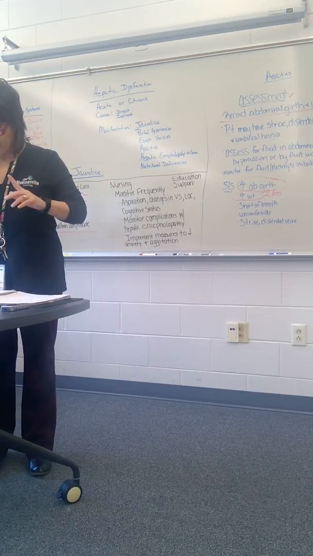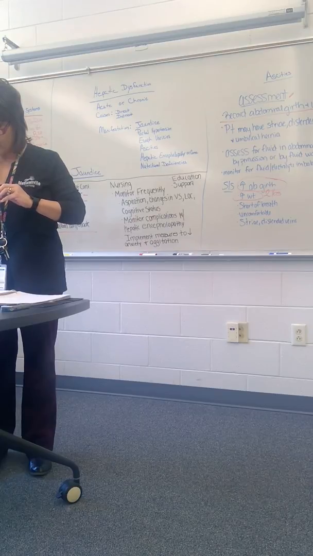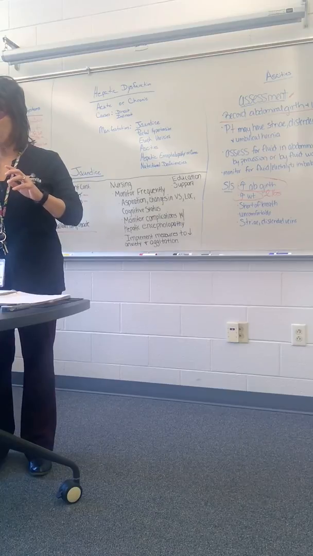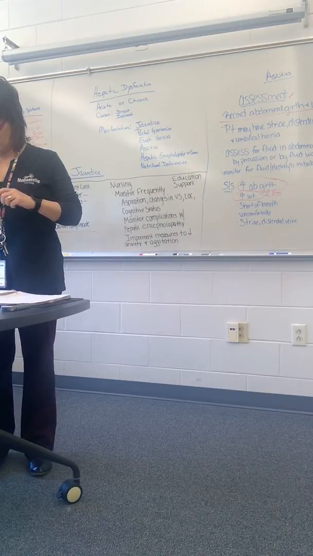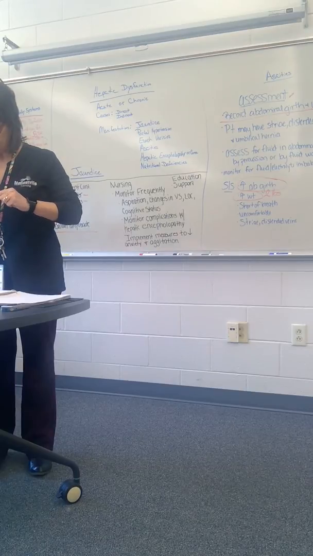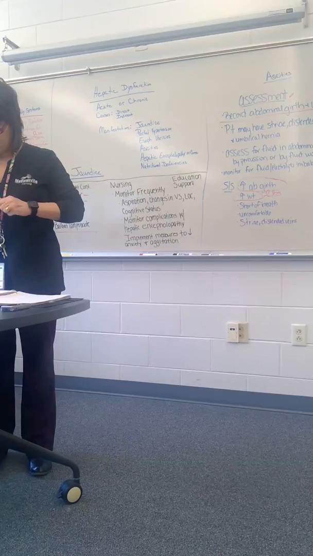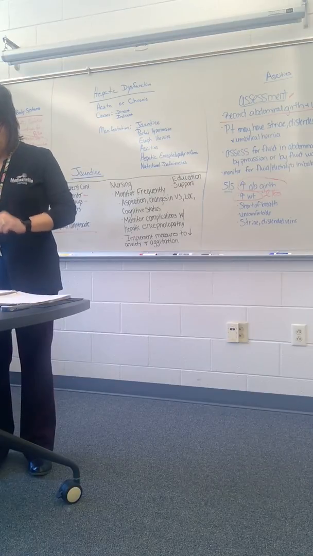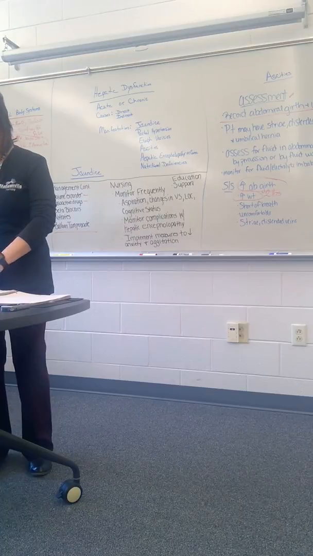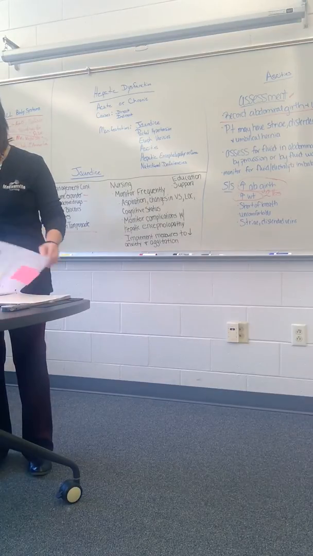Somatostatin is the one you want to give first because it's a vasoactive drug, but it has less of a constricting property. And then you might give nitroglycerin along with vasopressin. But somatostatin is your preferred drug.